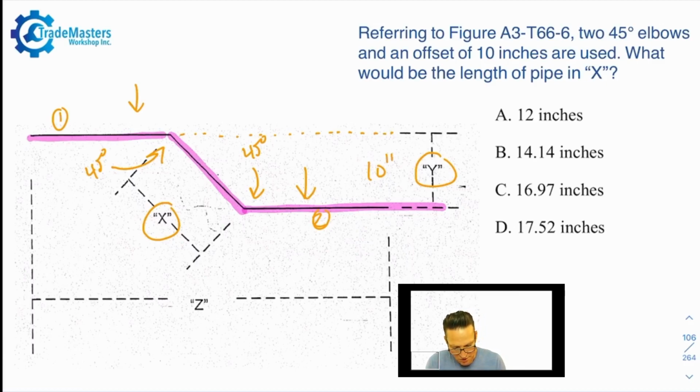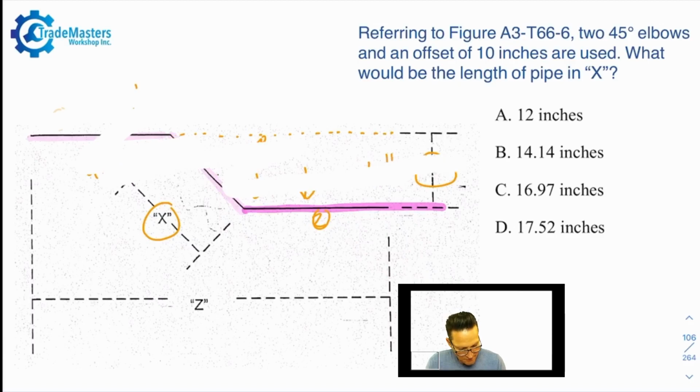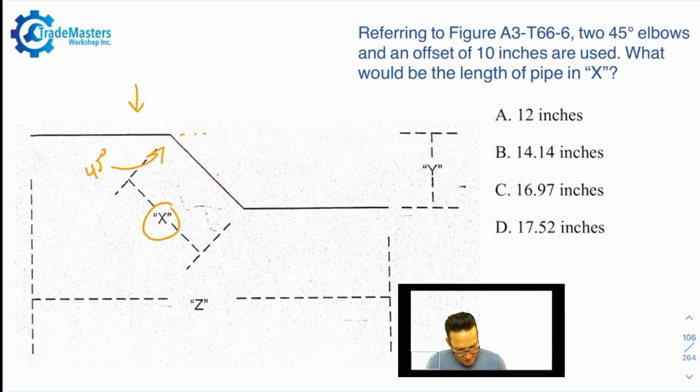So I'm going to just clear all this up now, and I'm going to redraw a few things here. Because what you have is a nice little right-angled isosceles triangle with two 45-degree angles. And I can show you how that exists. So basically, you set up this triangle right here. See that triangle?